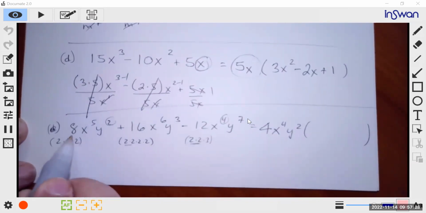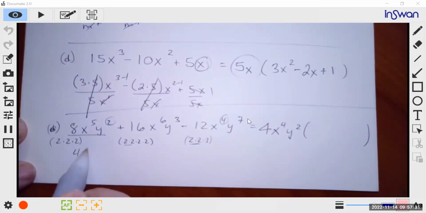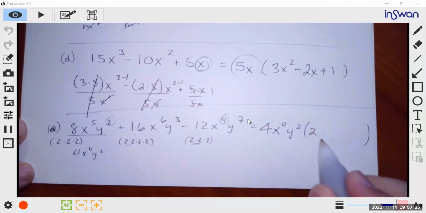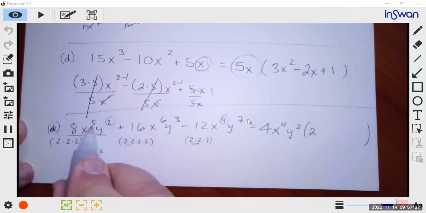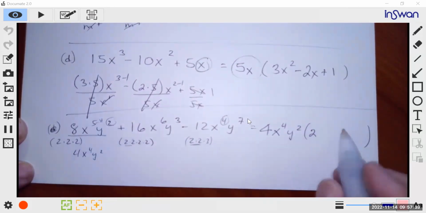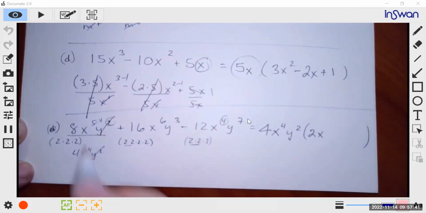So if I divide this first one by 4x to the 4th y², 8 divided by 4 is 2. X 5 minus 4 is 1, and y's are gone.